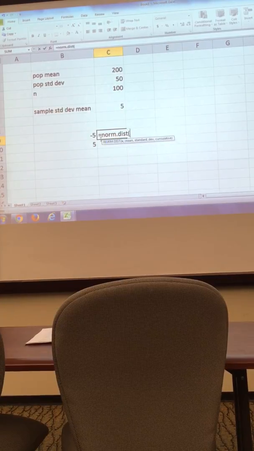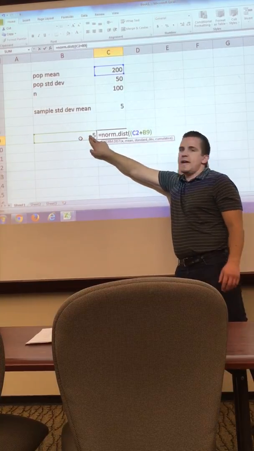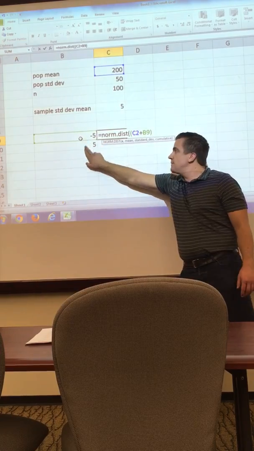norm.dist. So this is still a normal distribution, so we can still use norm.dist. What we're saying is we want to figure out the mean plus this value. So this mean plus this value is going to be our lower end of our probability.